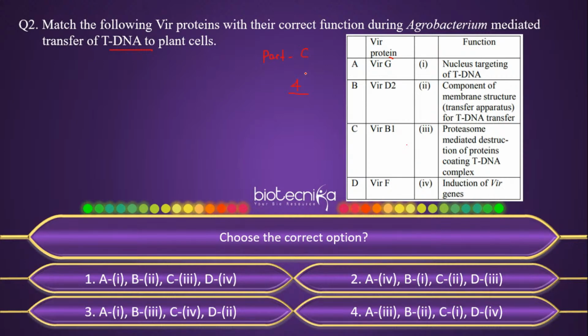Advesha, option 2. Fine. Vandana, option 2. Okay. So quickly, everyone should answer this question. Whichever Vir protein you are confident about, just look at that and see what its function is. Is it 1, 2, 3, or 4?